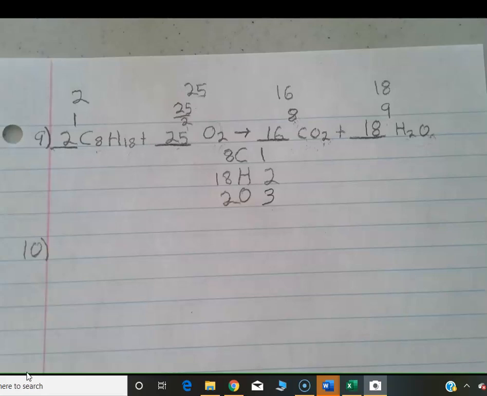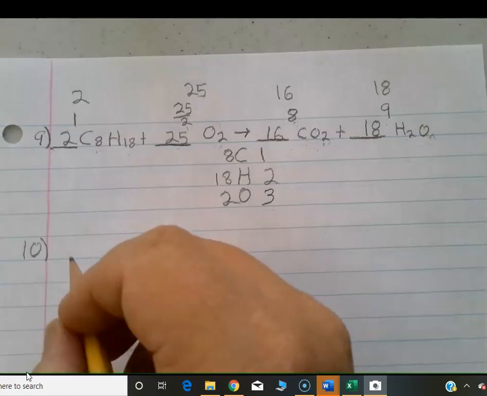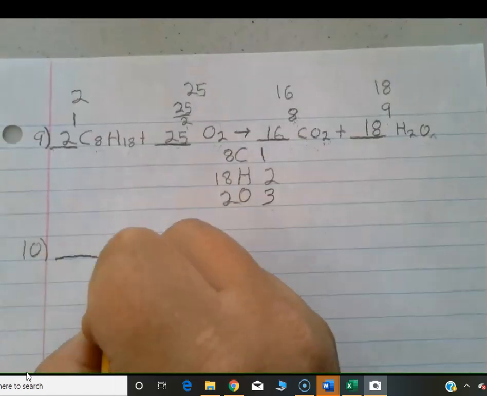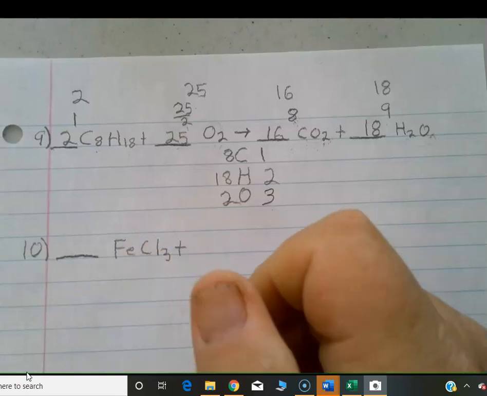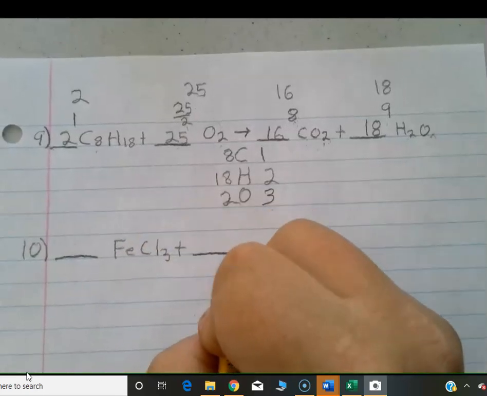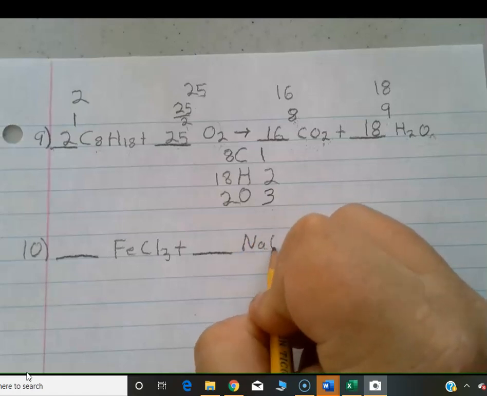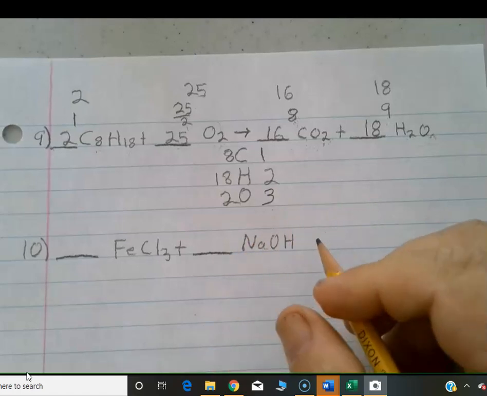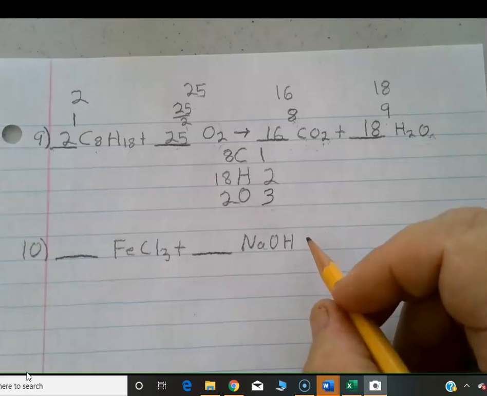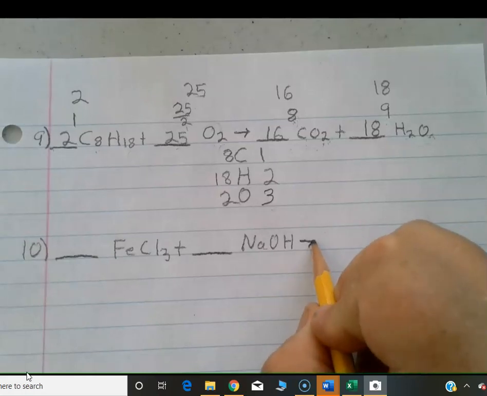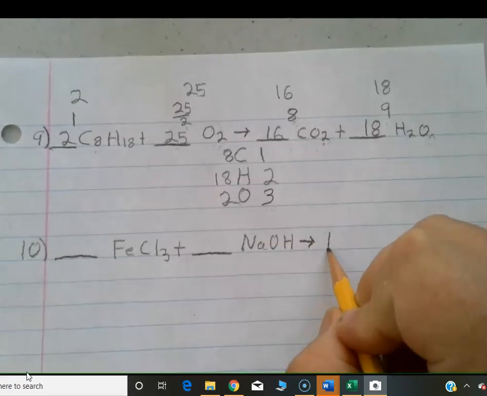All right, so the next one, number 10, is iron chloride, sodium hydroxide, and that goes over to the arrow right there.